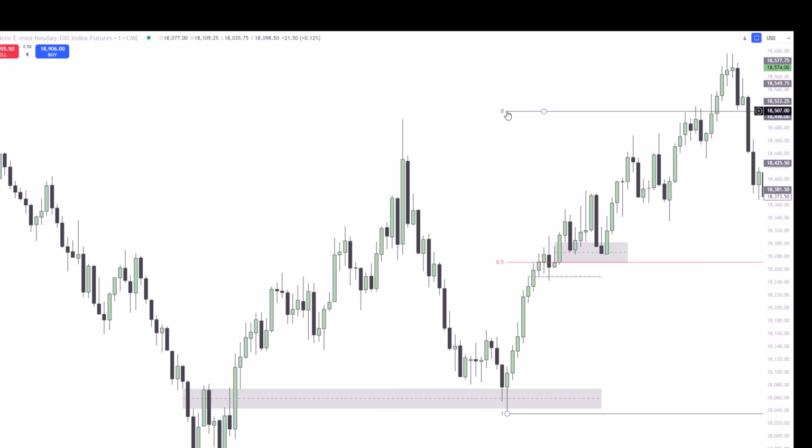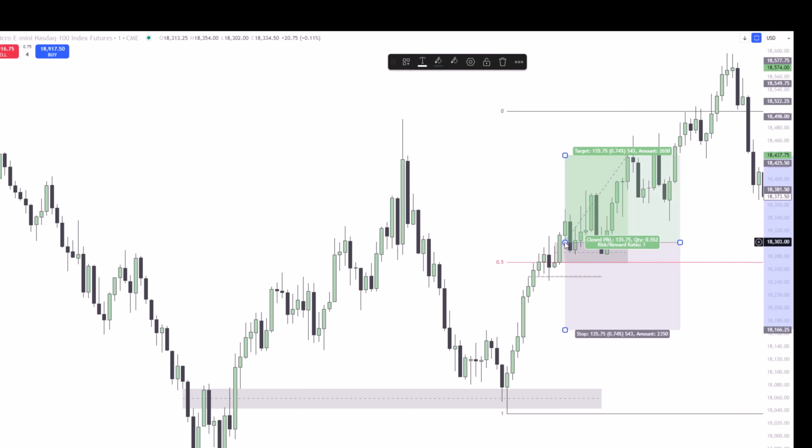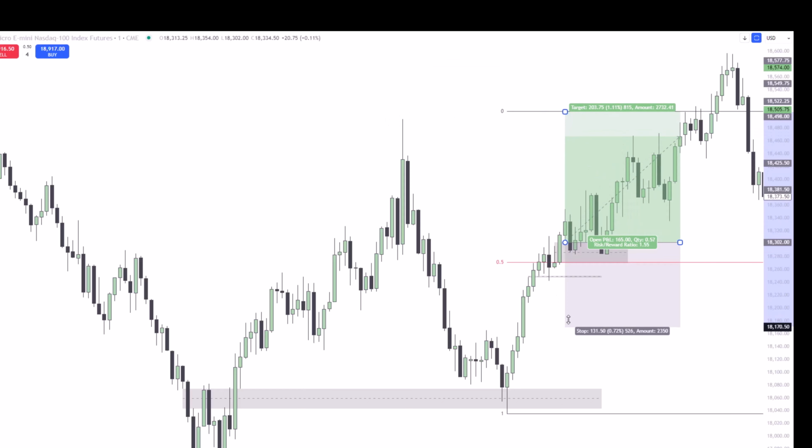You can project the same range up, see that it coincides with this high, so you can trust this setup as a high probability long. Enter at the top of the fair value gap, target the high here with a stop loss below the order block low. Okay, so easy 3R. Great setup.